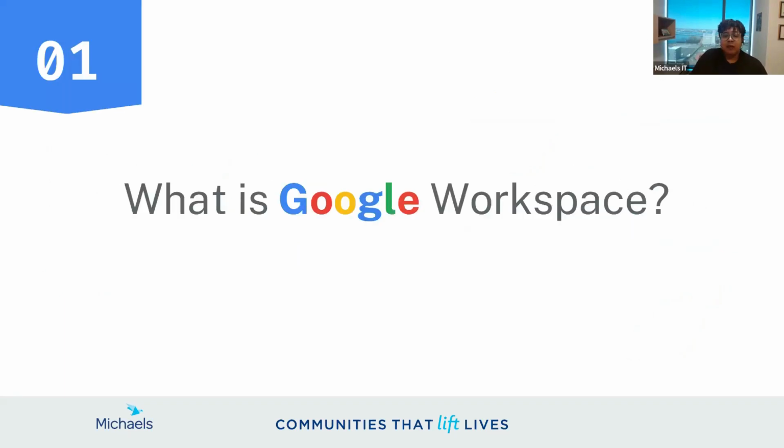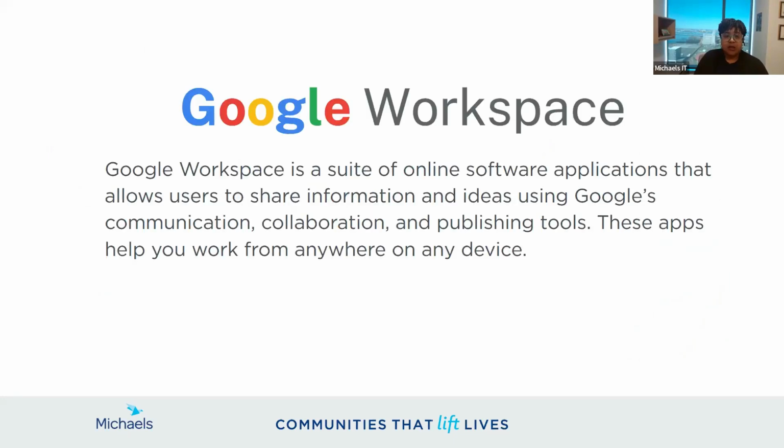So let's start off with describing what is Google Workspace. Google Workspace is a suite of online software applications that allows users to share information and ideas using Google's communication, collaboration, and publishing tools. These apps help you work from anywhere on any device. So, whether you're using a desktop, a laptop, a tablet, or a phone, you can access Google Workspace apps seamlessly via an internet connection.